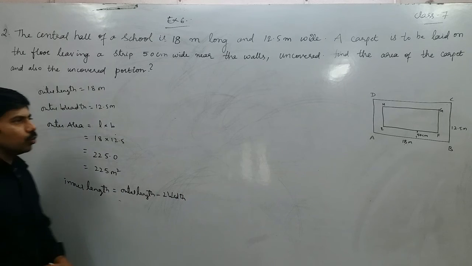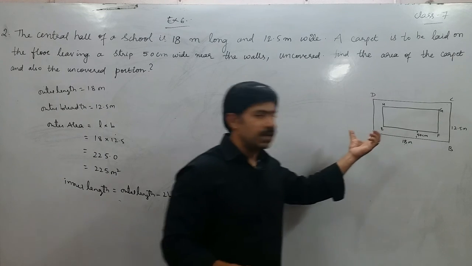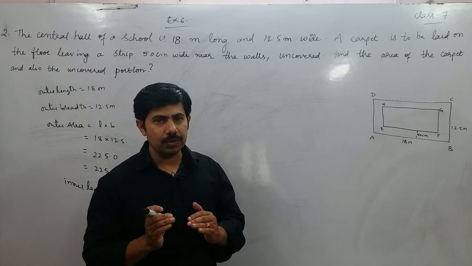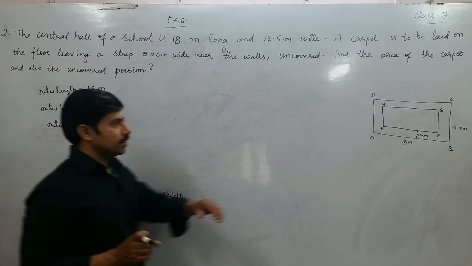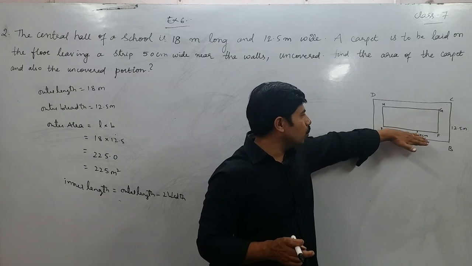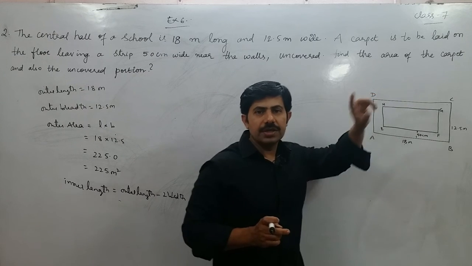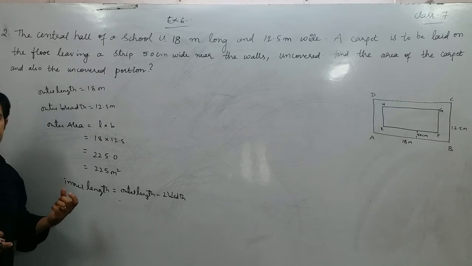The reason is, see, outer length is bigger when we compare to this inner. AB is greater than EF. So when we are going to find EF, it is smaller when we compare to AB. So we need to subtract. And why we are getting 2 here? Because we have 2 opposite sides on AB and also DC. So that is the reason we multiply with 2. So inner length is outer length minus 2 width.